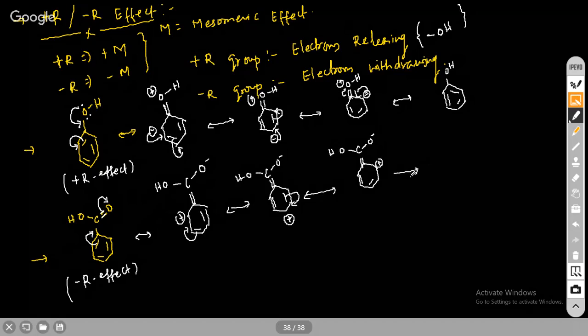Now, the last thing is what? When this negative charge comes over here, this pi electron goes here, and we get double bond, double bond, double bond, C double bond O, OH. So this is the resonating structure we have due to minus R effect, electron withdrawing nature. Is it clear?